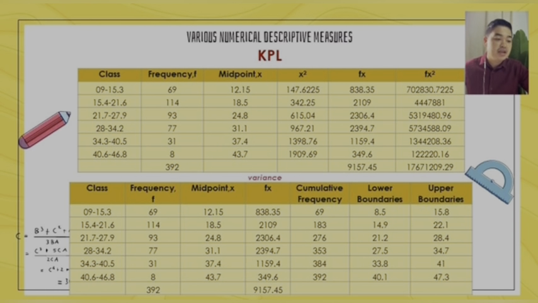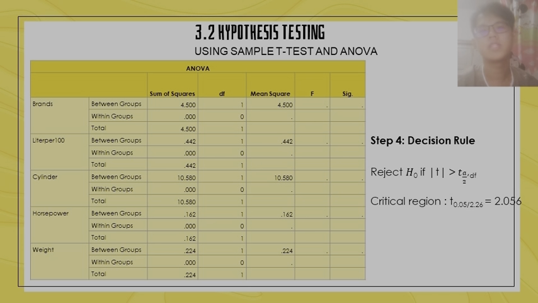In this part, we are using an independent sample t-test and ANOVA to measure whether the hypothesis is reasonable and should not be rejected, or otherwise rejected. We show in detail the 5 main steps, which are null and alternate hypothesis, significance level, SPSS output, decision rule, and decision.